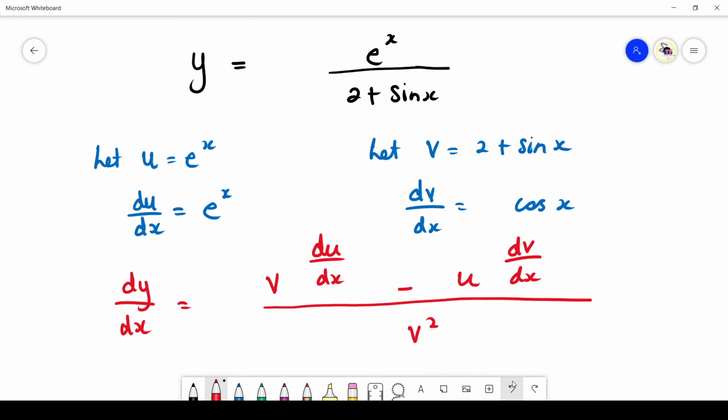Now all that's left to do is substitution. Let's locate these letters. So on the denominator we have v being equal to 2 plus sine x. So we'll rewrite v wherever we see it. It also belongs here as well.